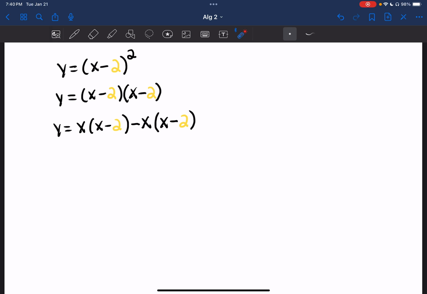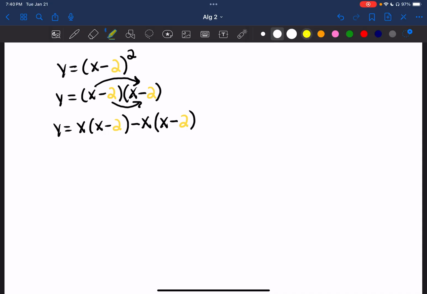Now we need to do our first distribution. In order to do that, we're going to need to multiply each part of this first expression, the x and the minus 2, by the entire second expression. We're going to distribute this x to this whole expression, and we're going to distribute the negative 2 to this whole expression.